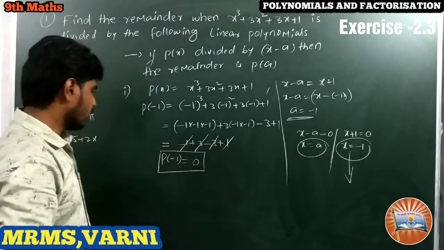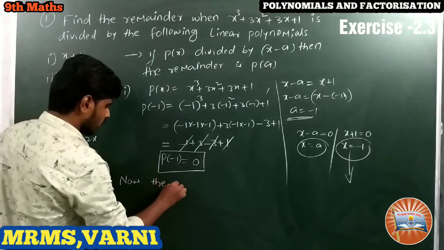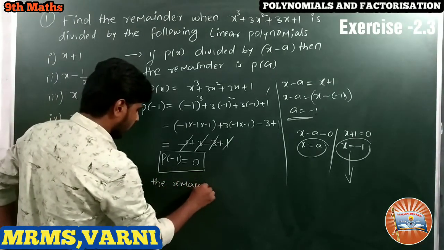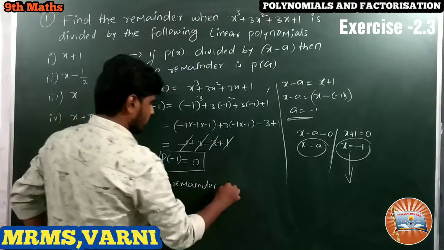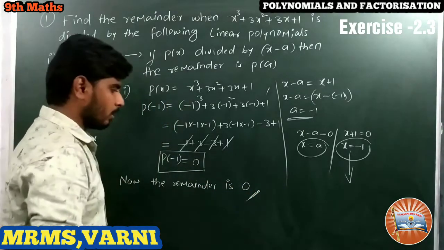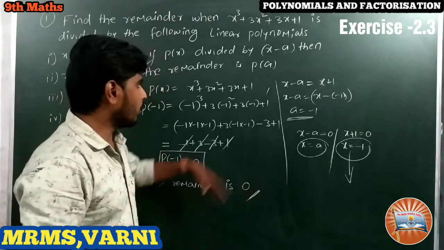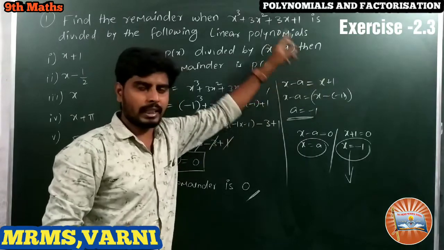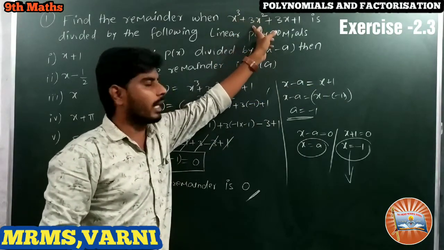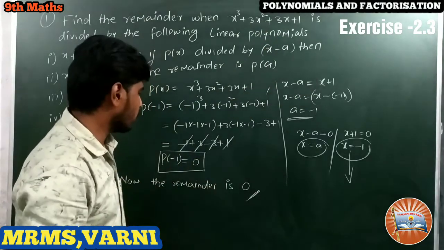Okay, right. Now the remainder is 0. So what can we say now? If the remainder is 0, the given polynomial x plus 1 is a factor of this x cube plus 3x square plus 3x plus 1, isn't it? Right, we shall discuss later about that.